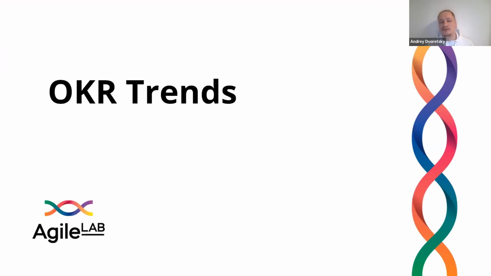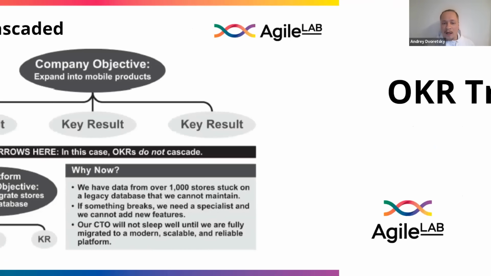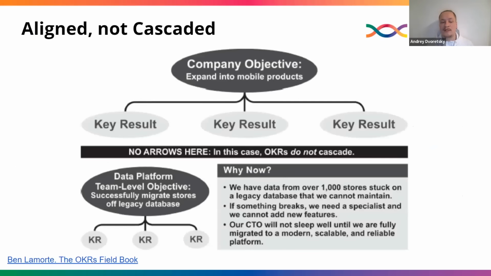So what can be new in the OKRs framework, which is so simple? First of all, as we already mentioned, more and more companies tend to say that OKRs should not necessarily be cascaded top to bottom. They are rather aligned than cascaded.